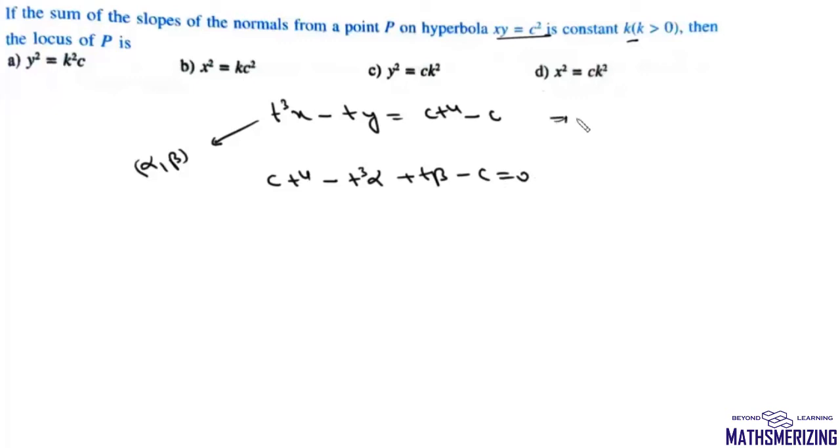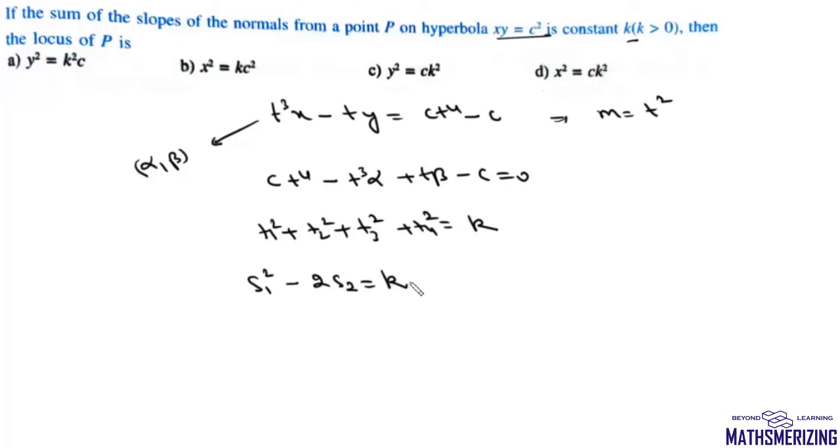Now slope of normal is t square, and it is given that sum of slopes of normal is constant. So that means we are given that t1 square plus t2 square plus t3 square plus t4 square is constant and it is equal to k. Now this is nothing but s1 square minus 2s2 and it is equal to k.